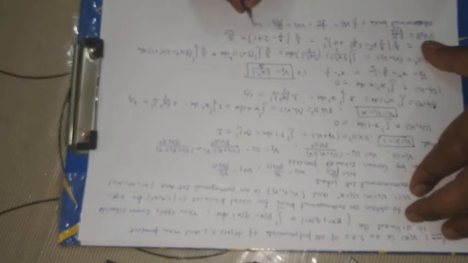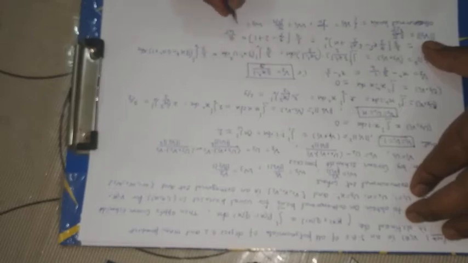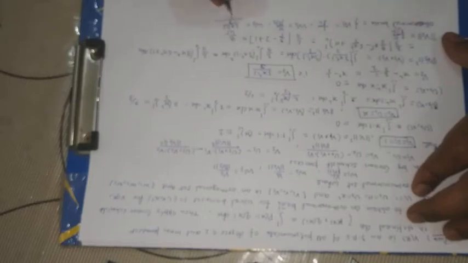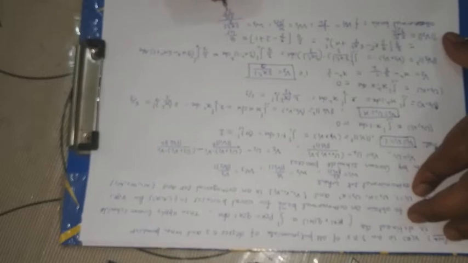Now W3 is equal to V3, which is 3x square minus 1 upon 3, divided by the norm of this, 2 under root 2 upon 3 under root 5.